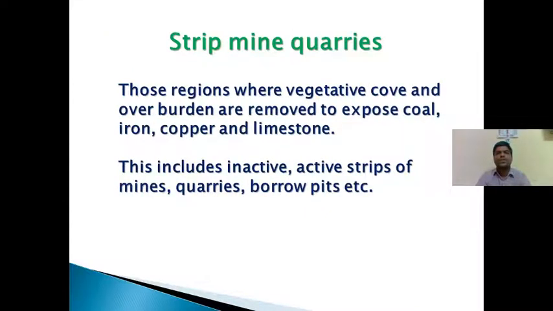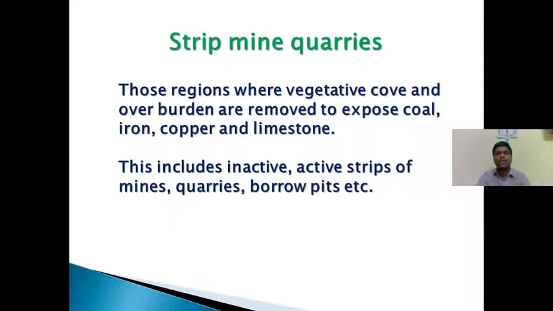Fourth is strip mines and quarries. These are regions where vegetative cover and overburden are removed to expose coal, iron, copper, limestone, and many more products. This includes inactive and active strips of mines, quarries, borrow pits, and other types.